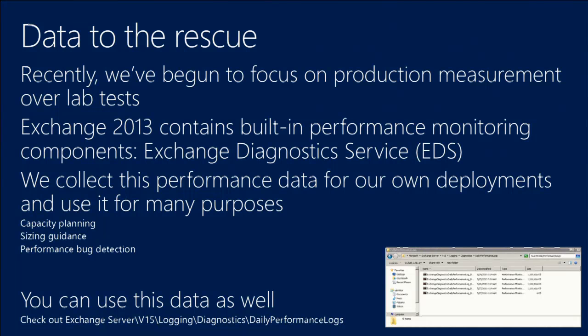And we're going to store by default up to 5 gigs of data in that path, basically the most recent perf logs. And it's a set of counters that we typically use internally at Microsoft for understanding the health and performance of an Exchange server. I like this for a number of reasons.